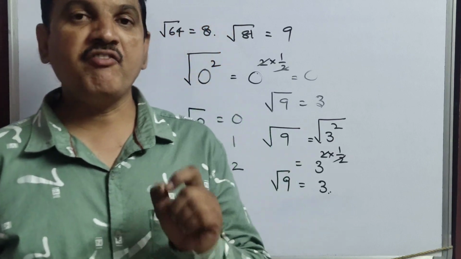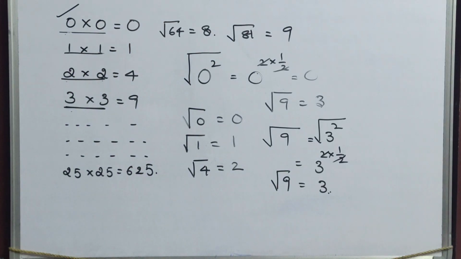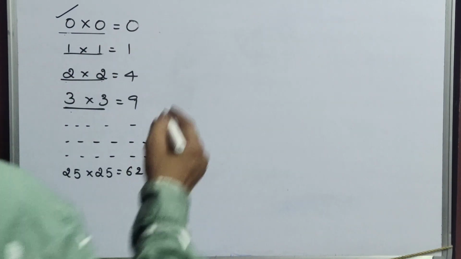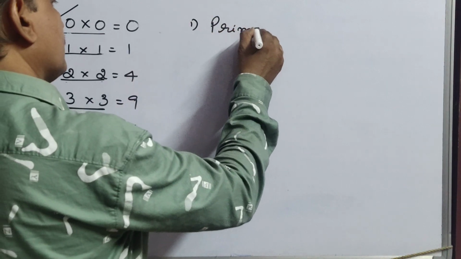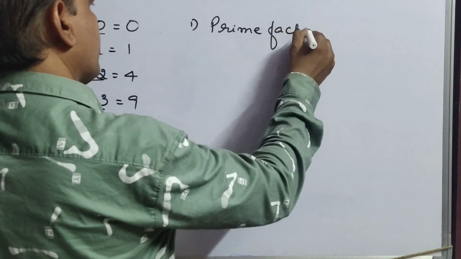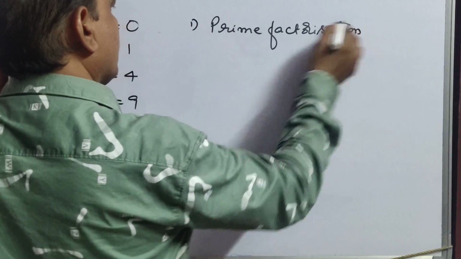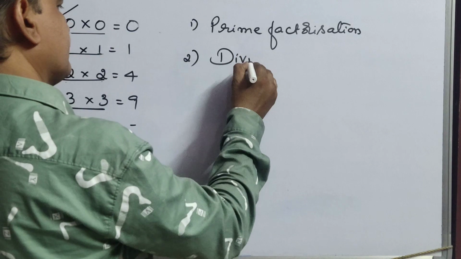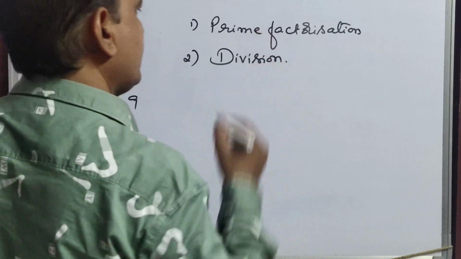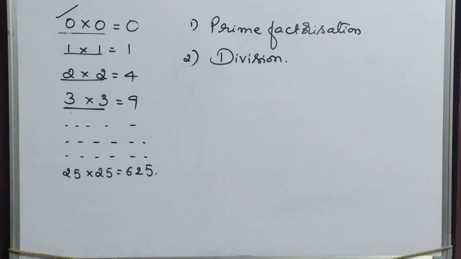One is the prime factorization method. The second one is the division method. Prime factorization method and division method. What are these methods?